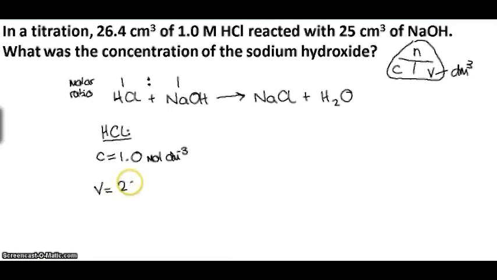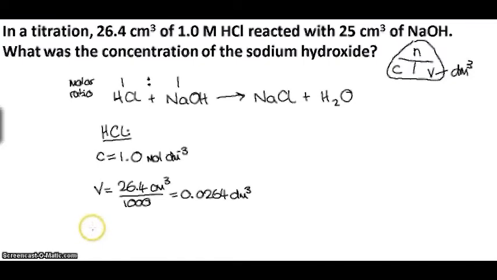Volume from the question is 26.4 cubic centimeters, but we've already said the volume has to be converted to cubic decimeters, so to do this just divide your figure in cubic centimeters by 1,000. Push the buttons on your calculator if you need to, and this turns this into 0.0264 cubic decimeters.